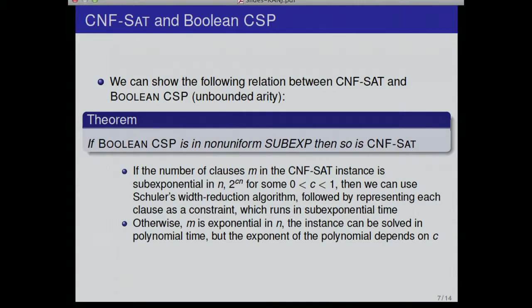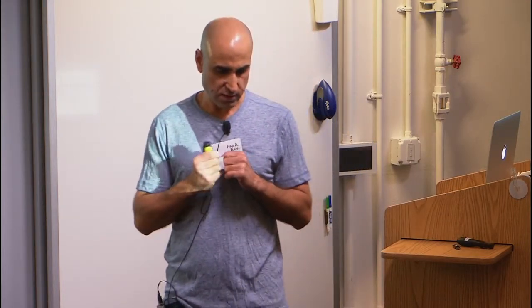However, what you could do is start by applying a branching algorithm due to Schuler that reduces the width of each clause from possibly linear to sublinear. After reducing it to sublinear, you can enumerate all tuples. But in order for this branching algorithm by Schuler to run in subexponential time, you need to know that the number of clauses is subexponential.